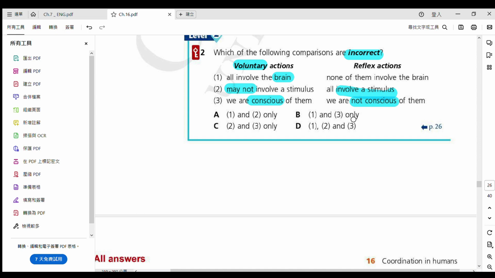So remember the withdrawal reflex. Remember the knee-jerk reflex. You can still feel it. Okay? Only later. 係遲咗啫. Okay? But you can still feel it. So it is still conscious. But how do we use the word? 點樣用嗰個字呢? We say that it is automatic. The reaction is automatic. 係自動嘅. 得唔得? So the answer is both 1 and 3.